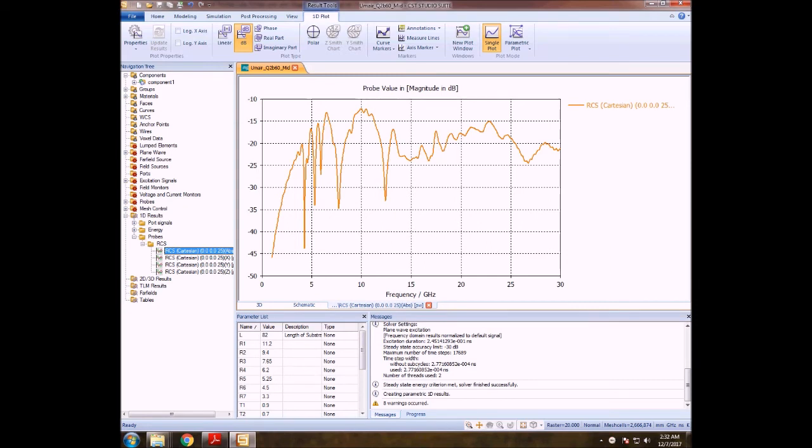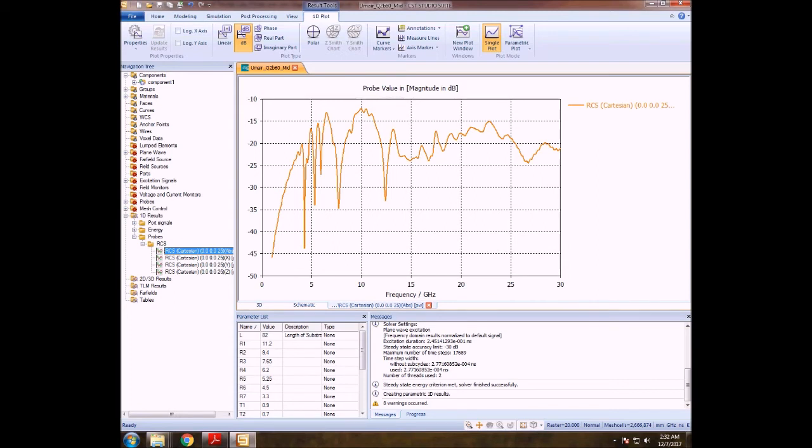First one is at 4.2 gigahertz and its RCS value is minus 44. The second one is at 5.1, or we can say 5.5 gigahertz, and its RCS value is minus 34.